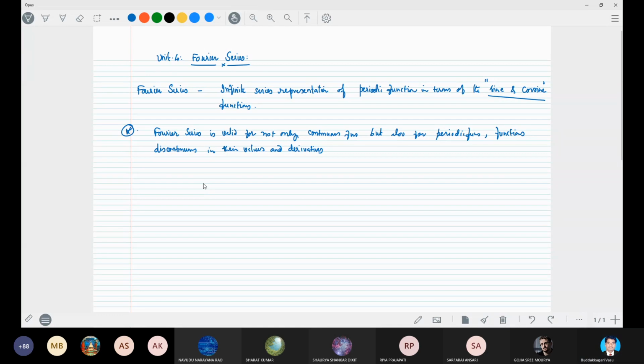Further, because of the periodic nature, the Fourier series constructed for one period is extended for all values, because the series expansion is valid for periodic functions. Periodic function means it has a finite period that can be extended to all periods also. So this is another beauty of the Fourier series.